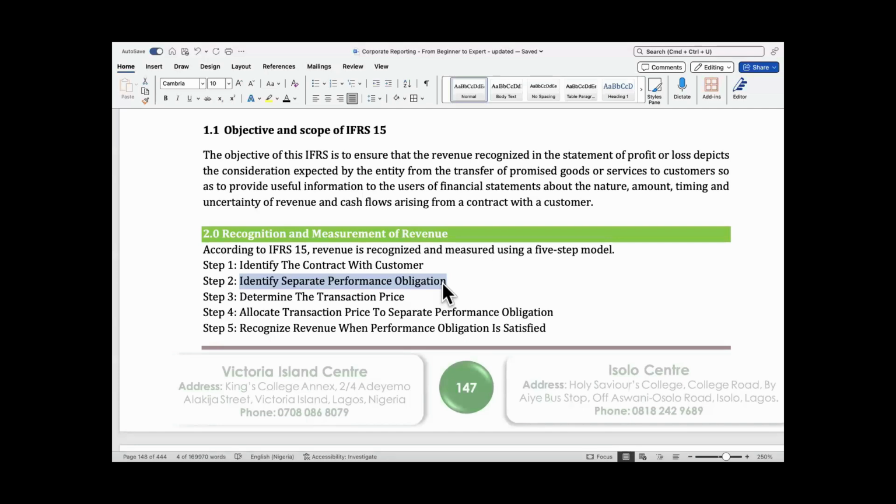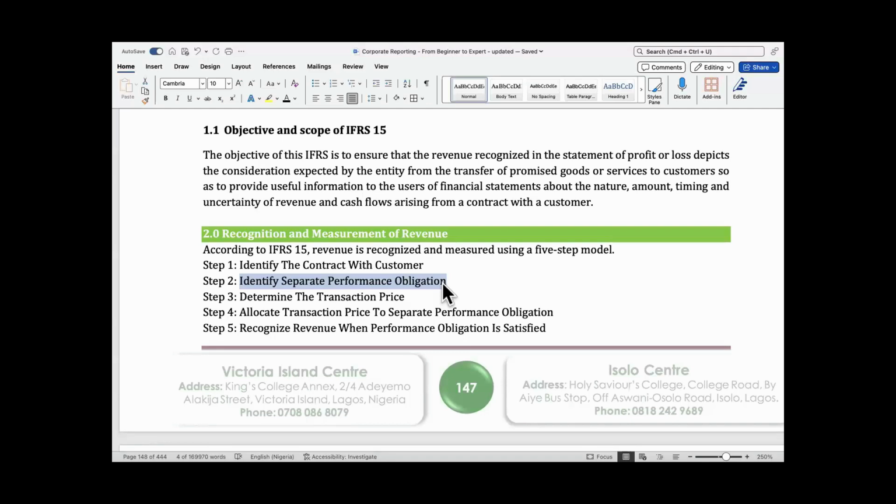Step 2 says that you must identify the performance obligations that are separate, which means that if you offer a bundle of services, if your contract carries many services, you need to be able to identify whether those services should be seen as one or you should separately identify each of them.